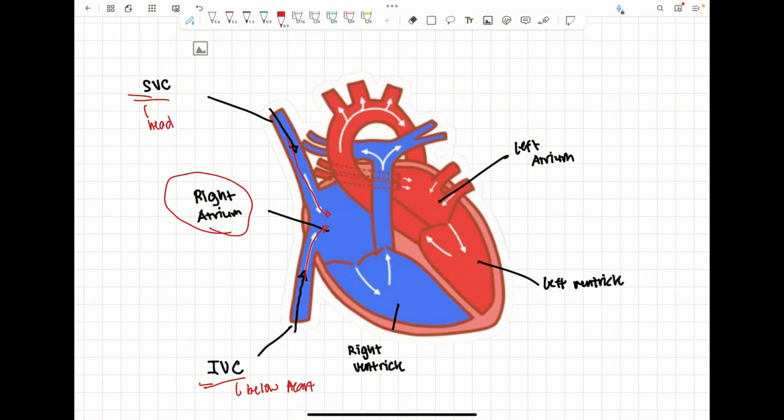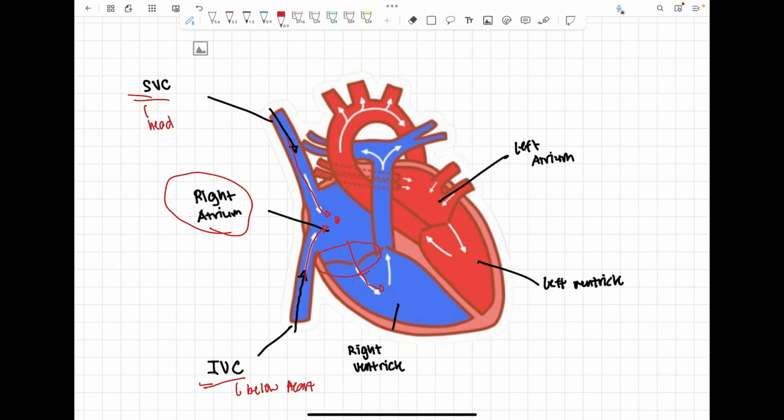So blood from other areas of your body enters through the veins and the vena cava. As you go to your right atrium, it then passes the blood to your right ventricle.